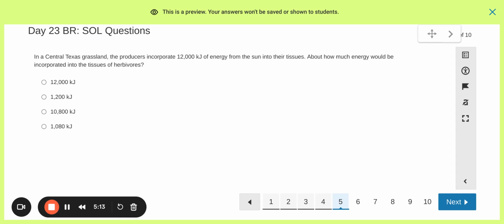So your producers, your plants, are going to be eaten by your herbivores. So if we have 12,000 kilojoules in our producers, then for the herbivores, remember your 10% rule. So it's 10% of 12,000, which makes it 1,200 kilojoules.